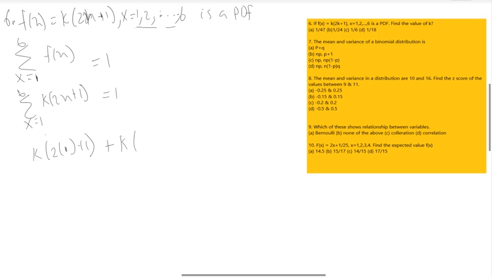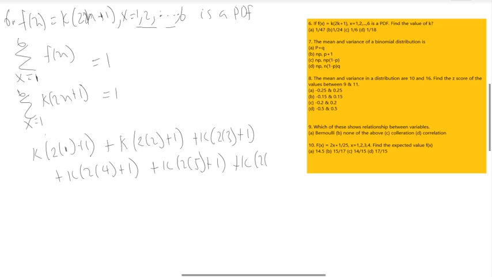It's going to start from 1 and stop when it gets to 6, right? So we have k(2(2) + 1), then plus k(2(3) + 1), then plus k(2(4) + 1), then plus k(2(5) + 1), then plus k(2(6) + 1). So we stop now that we have gotten to 6.